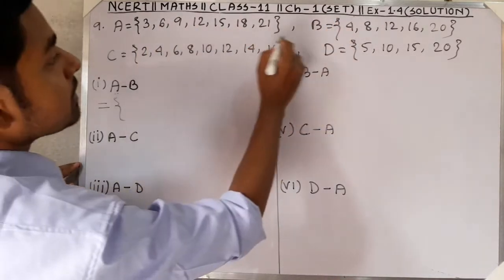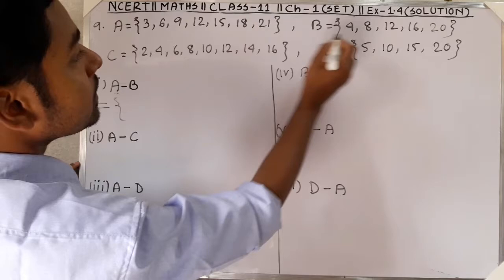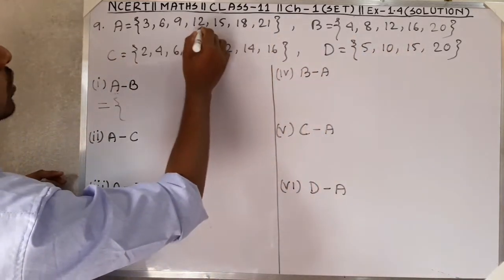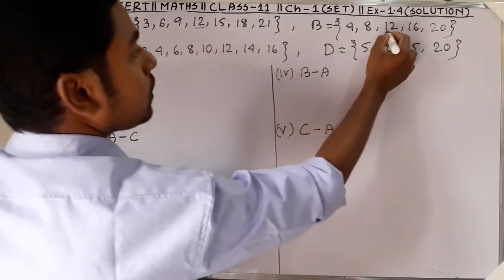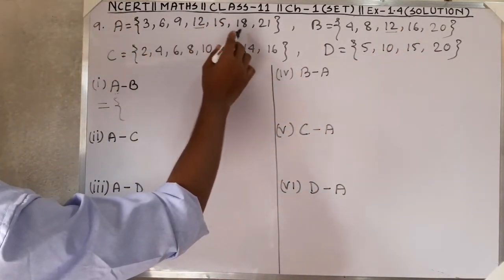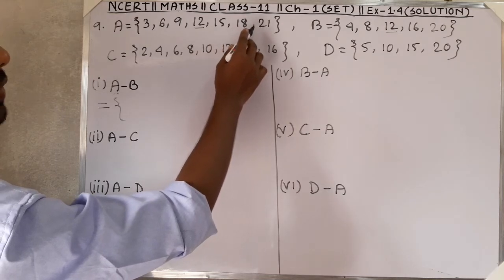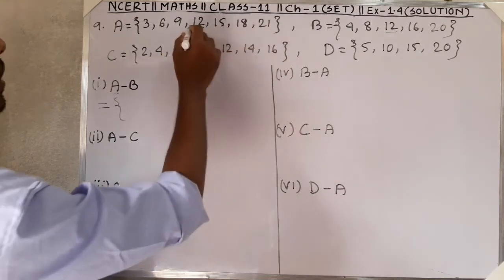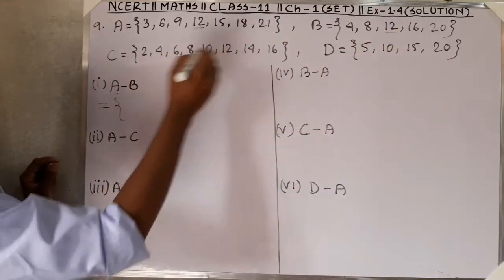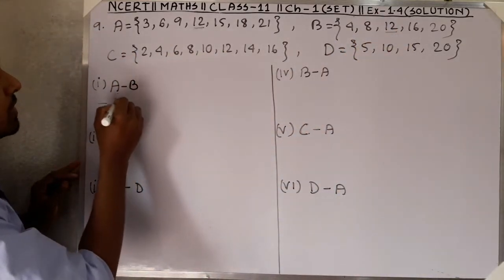So what are the common elements here? 8, 4, 8, 12, 16, 20. 12 is the only common element we have got; 15 no, 18 no, 16 no, 20 no. Only one common element, 12. So what are the elements of this difference set?